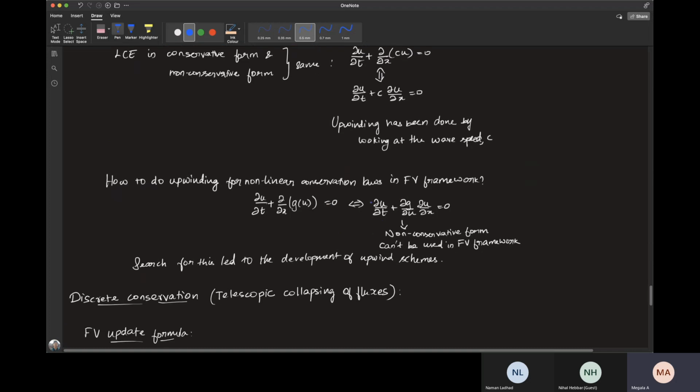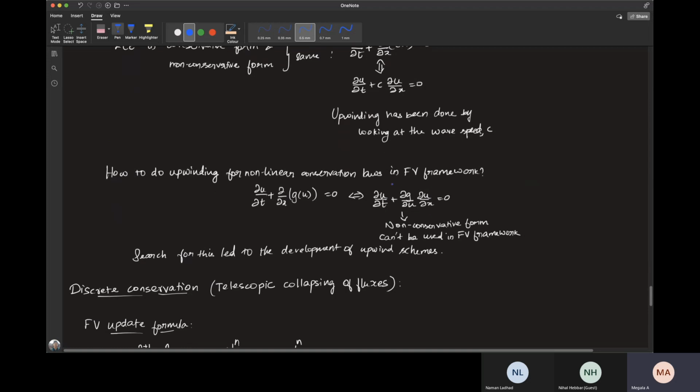Although these may seem equivalent, if we start with this equation in our finite volume framework, this is not obtained from the integral form of the conservation law, whereas this equation is obtained from the integral form of the conservation law. If we do this chain rule operation here and make the equation non-conservative, then we are essentially losing conservation.